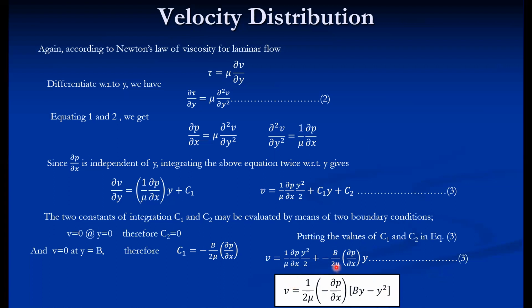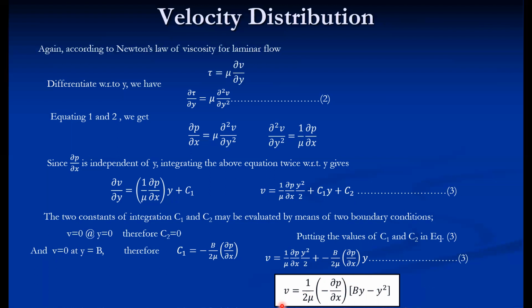Some terms we can take common, that is 1/(2μ) times minus ∂p/∂x, because already in the previous derivation, laminar flow through a circular pipe, we have discussed that this bracket term is always positive. This is a negative pressure gradient, we can say. So instead of this, this is nothing but (P1 minus P2)/L. So if we take this term common, that is 1/(2μ) ∂p/∂x, and the minus sign we take common, so here it is by minus y². So this is the expression of velocity distribution.